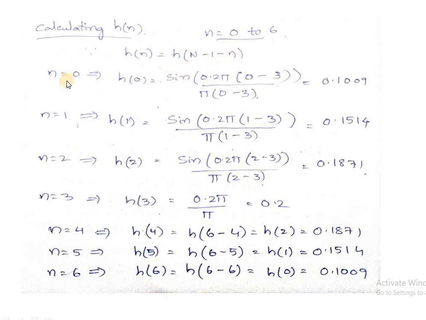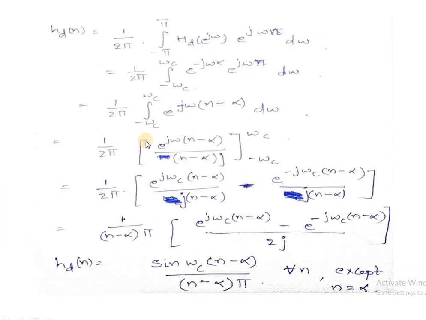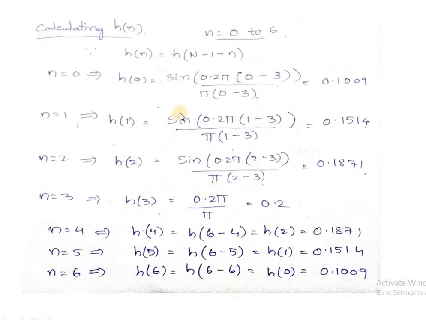Therefore, for n equal to 0, when I substitute n equal to 0 in the above equation of the impulse response, that is hd of n equal to sine of omega c (n minus alpha) by (n minus alpha) into pi, I get the value of h of 0 as 0.1009.